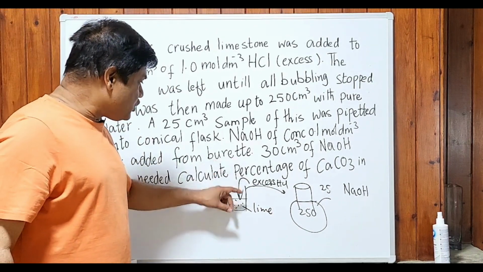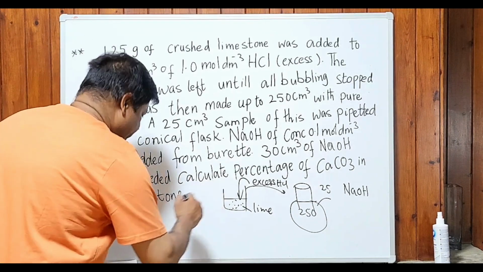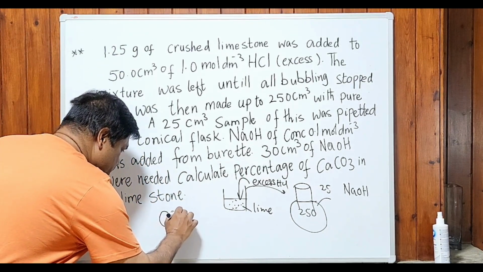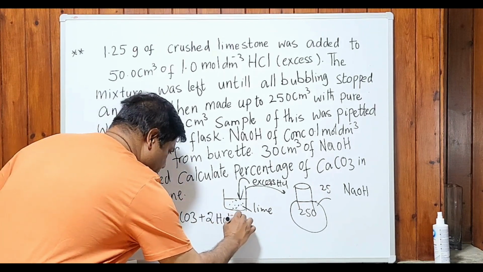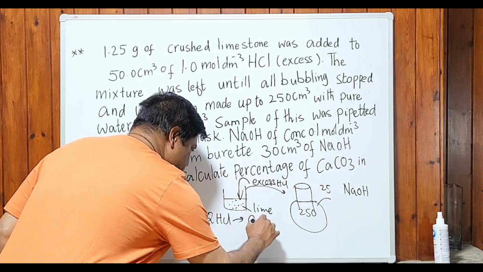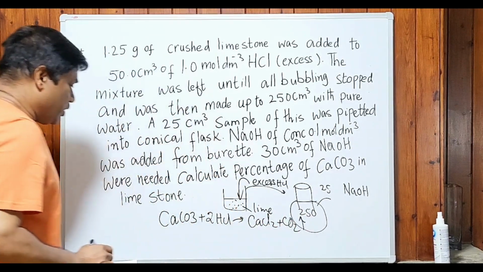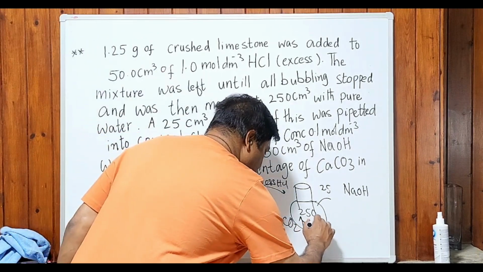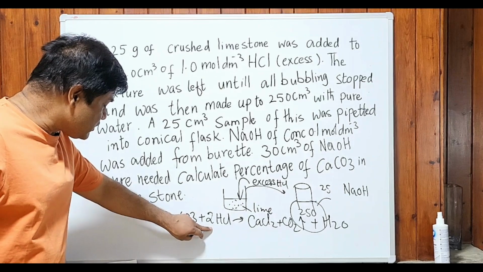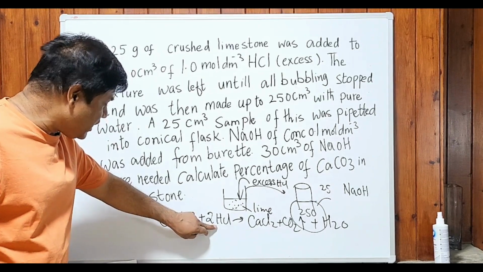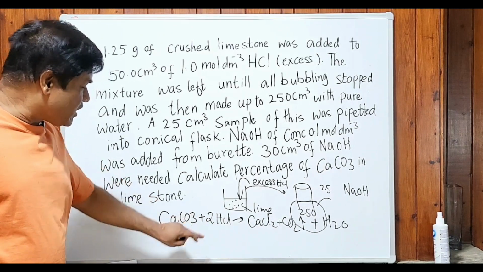See, I told you HCl is in excess. So look at that: CaCO3 plus 2HCl gives calcium chloride, CaCl2, plus CO2, plus water, H2O. This hydrochloric acid is in excess.